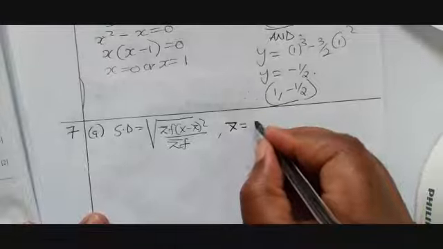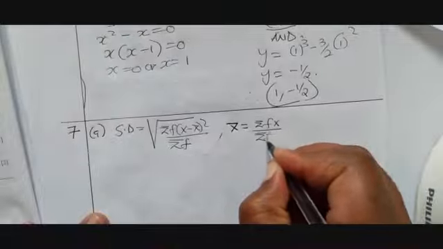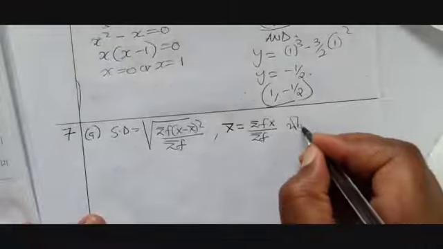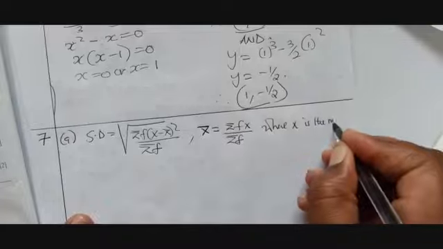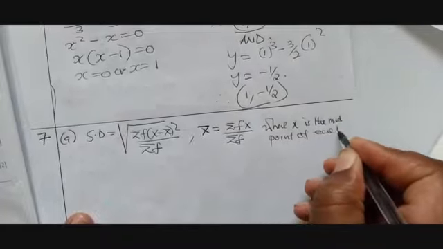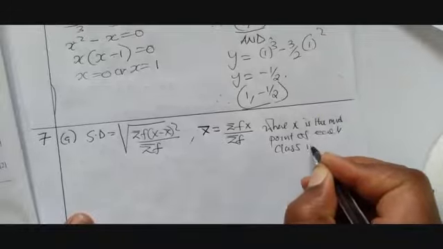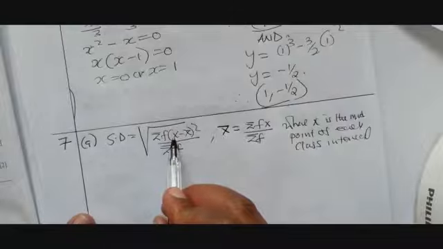The mean is defined by summation of f x divided by summation of f, where x is the midpoint of each class interval. Take note, x is the midpoint of each class interval, even this one.